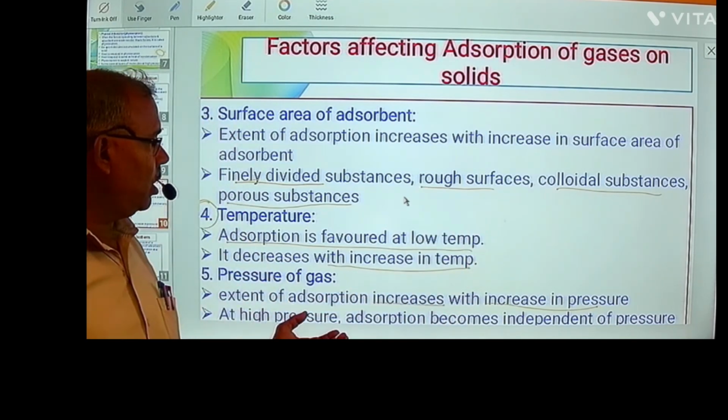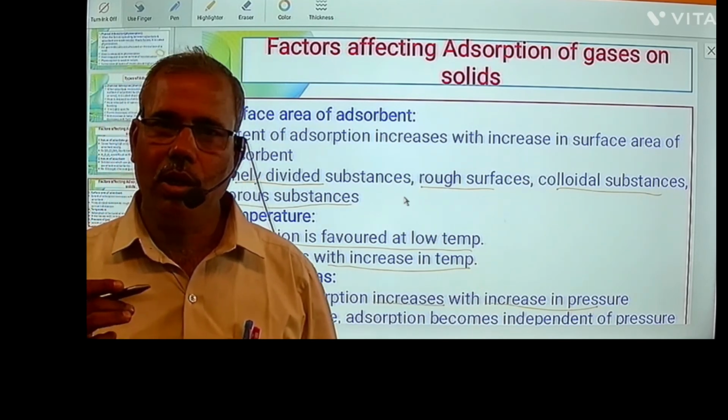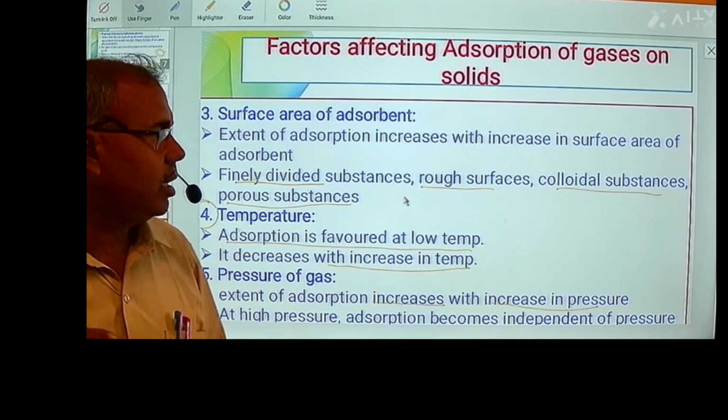At high pressure adsorption becomes independent of pressure. सुरुवातीला खूप लो प्रेशर असेल, आपण प्रेशर वाढवत चाललो तर ॲडसॉर्प्शन वाढत जाईल.